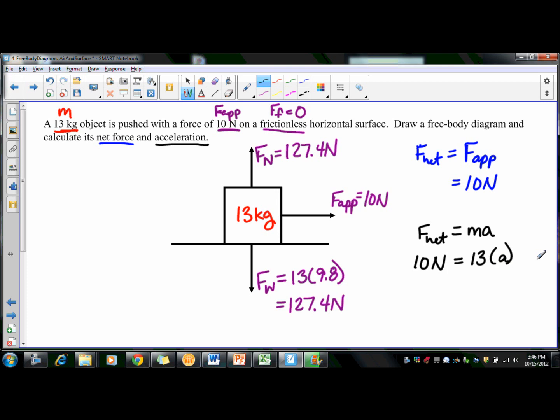So then all we have to do is solve for the acceleration by dividing by 13, and we get an acceleration of 0.769 meters per second squared. So just like with the air resistance ones, you take the free body diagram to find your net force, then you use your net force to find acceleration. Exactly the same way.